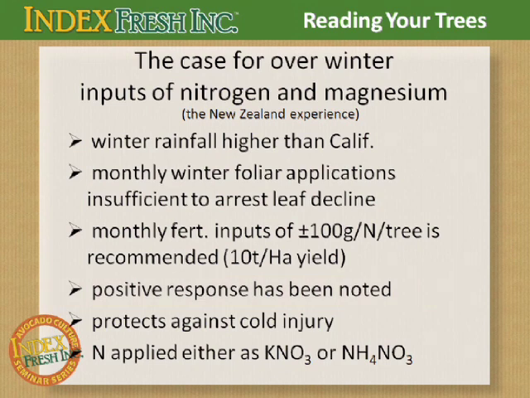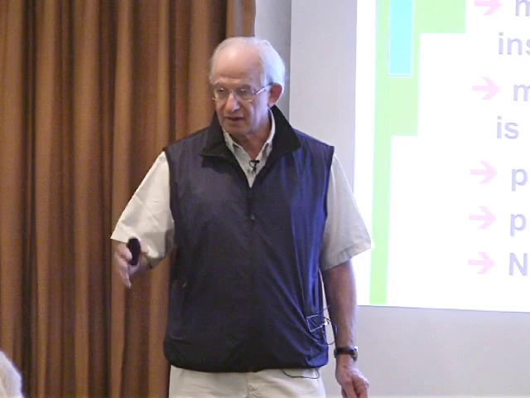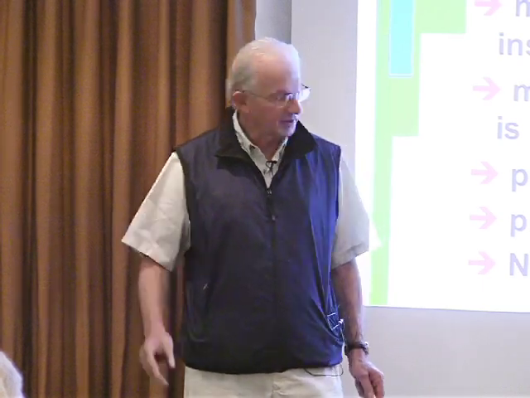So for us, we also know that high nitrogen in our leaves protects them against cold injury, which is a serious concern for us. And finally, we apply the nitrogen either as potassium nitrate. We want a nitrate component rather than an ammonium component because the conversion of ammonia to nitrate is much slower under conditions of low soil temperatures.